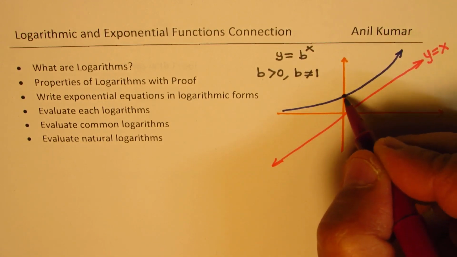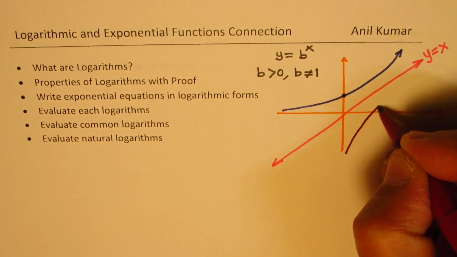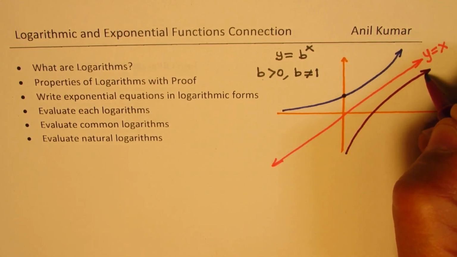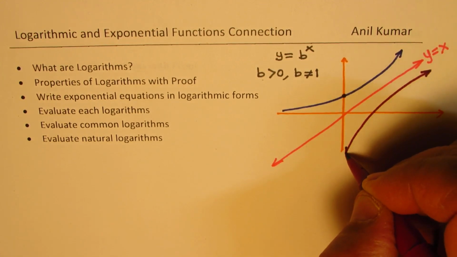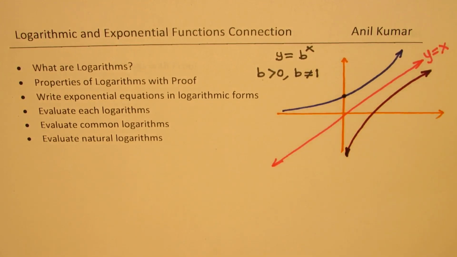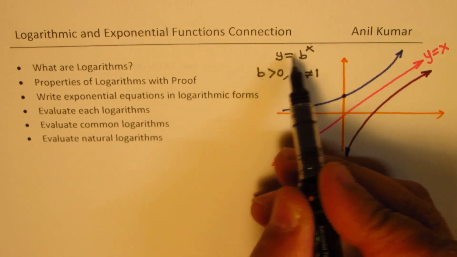The y-intercept will become the x-intercept. So what you have here is kind of like this. Always increasing graph, and this will be your vertical asymptote, right? So this graph which you get is basically the graph of the inverse of this.